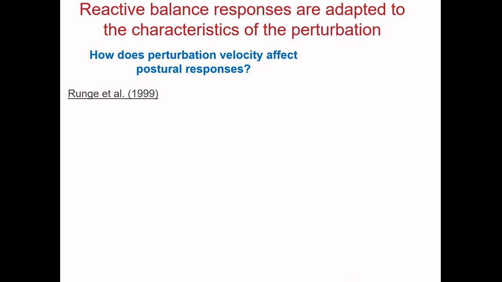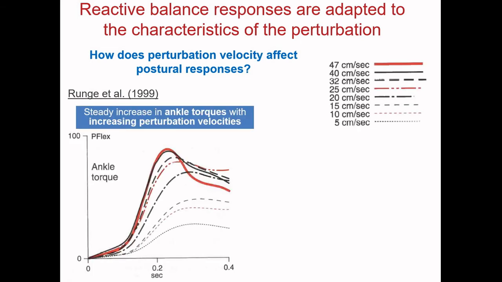As well as studying muscle activation patterns, Runge et al. also calculated joint torques at the hip and at the ankle. Here we see time series of ankle torques for the different perturbation velocity conditions. In this plot, the thinnest lines are for the lowest velocity conditions, and the thickest lines are for the fastest velocity perturbations.